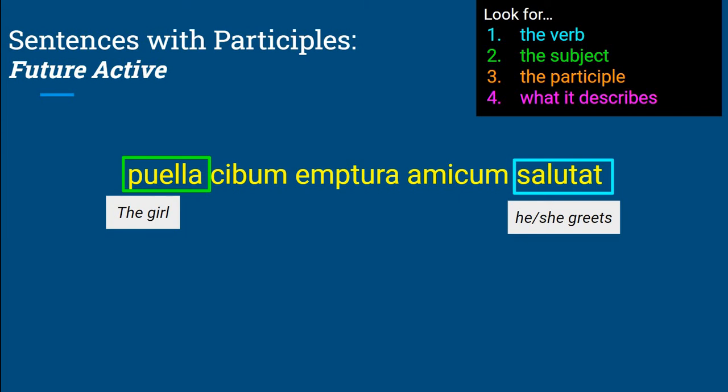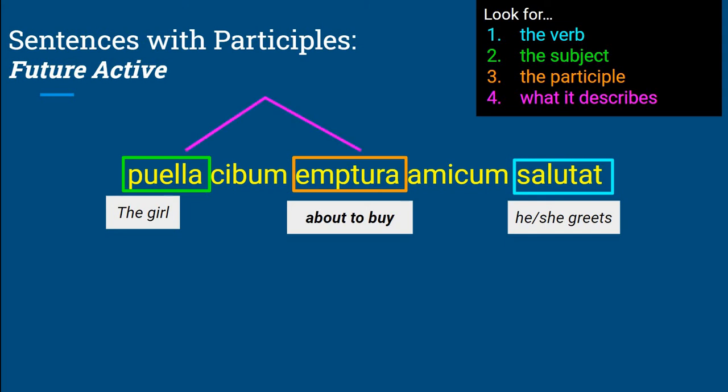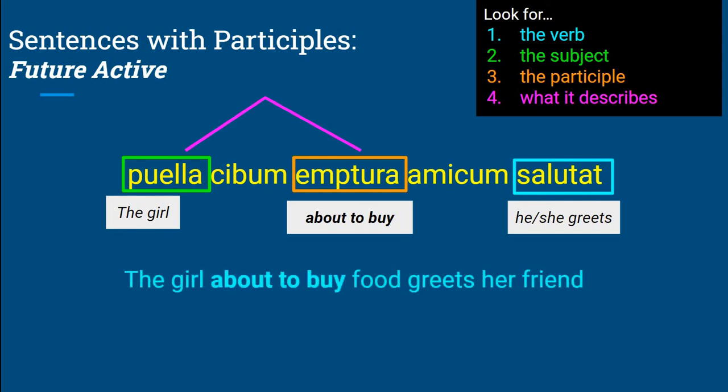Our participle, well, we should see the UR in the middle and think immediately it must be future active. So we have emptura, about to buy. And again, this is a case where it's quite easy to see which noun it must be describing, and it's going to have to be describing puella. So, when we put that all together, we get, the girl about to buy food greets her friend.